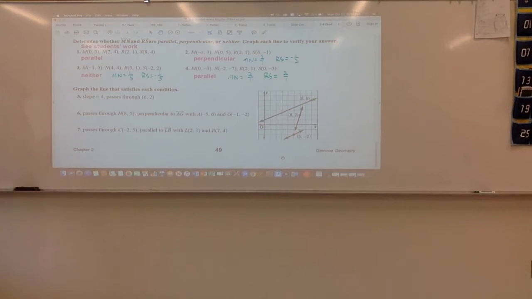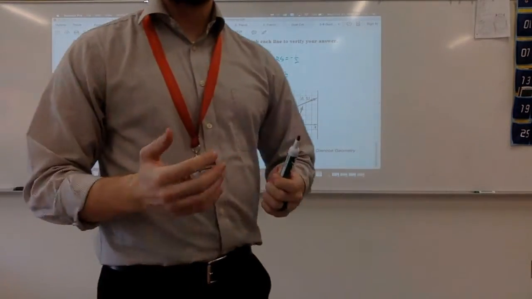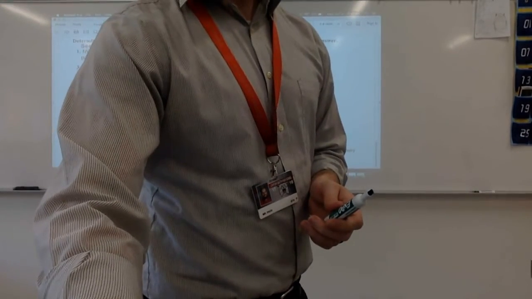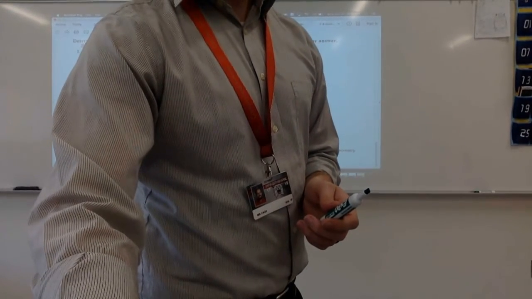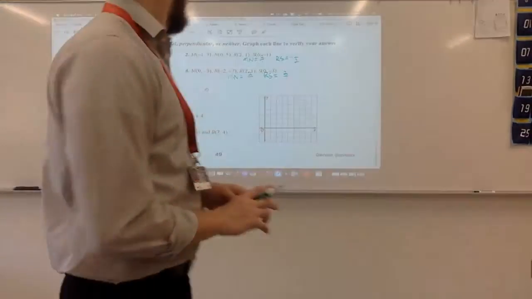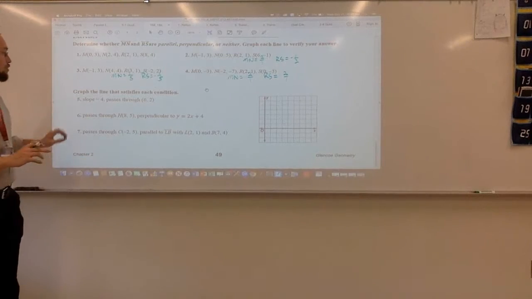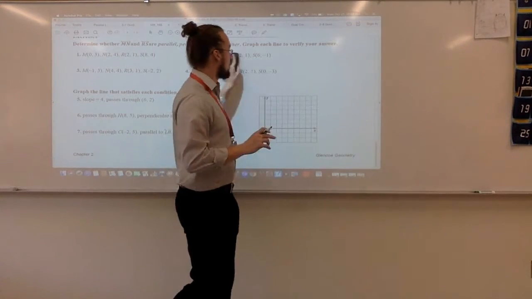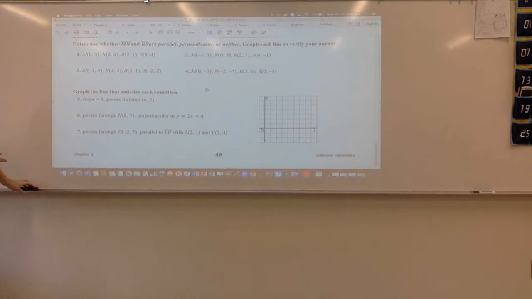So, real quick, okay, this last part, we want to start thinking about lines that are parallel and perpendicular. So I'm going to go back to, where is it? Is it this one? Yeah. So on these, it says graph a line with these characteristics.